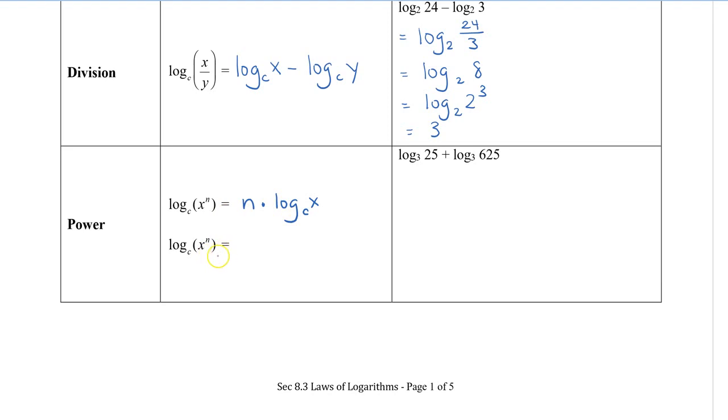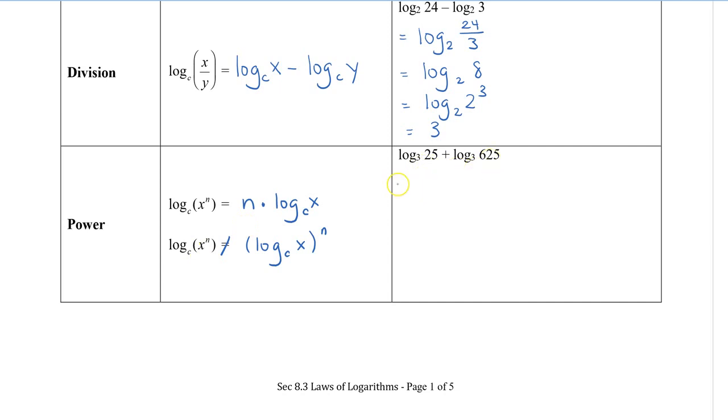Now please don't get mixed up with this. This is not equal to log base c of x, all to the power of n. So this is not the same thing. This n power is raising this whole log value, whereas this n power is only raising the x.